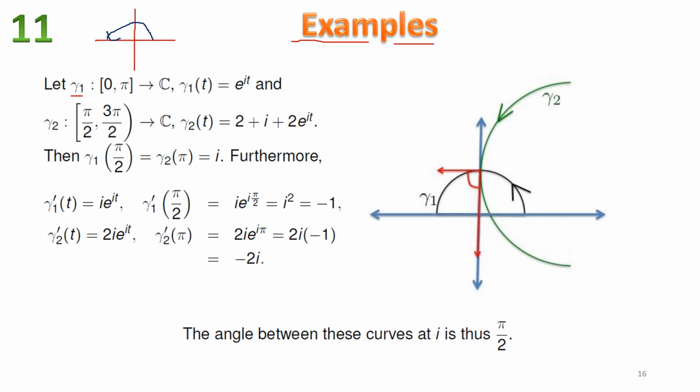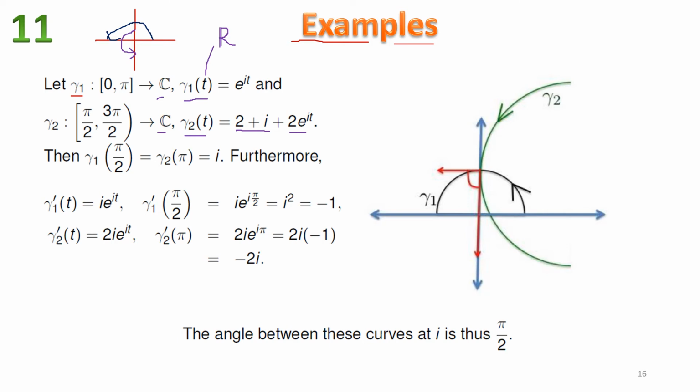So in this context, the angle of consideration is this one. That is prevailing in the complex plane C, and gamma 1 is a function of t, where t is a real variable belonging to the set of real numbers, and that is equal to e to the power it. Gamma 2 is another curve, which is 2 plus i plus e to the power it.